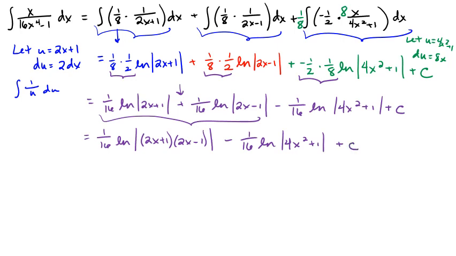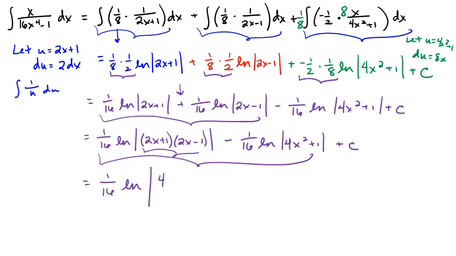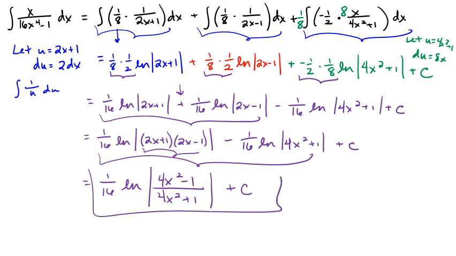And then if I want, I can FOIL this out, or combine this. Yeah, so FOIL this, and when I do, then I can write these two logarithms as a single log. So when all is said and done, I end up with the following, which is this over 4x squared plus 1 plus the constant of integration. And that gives you the final answer.